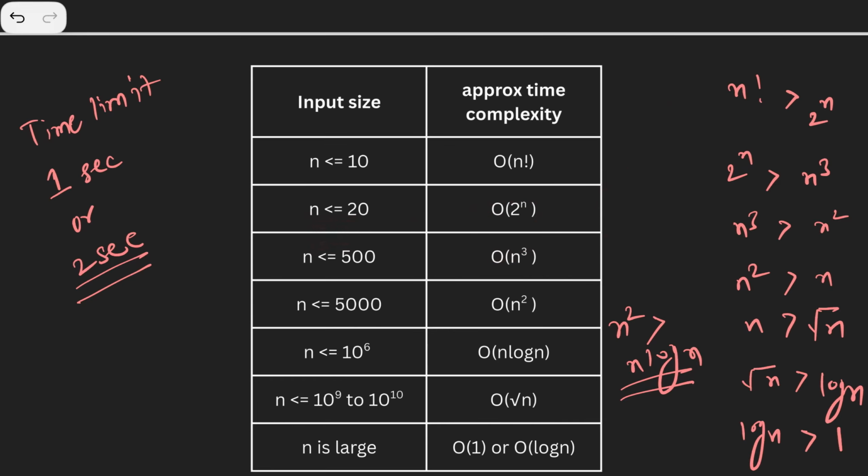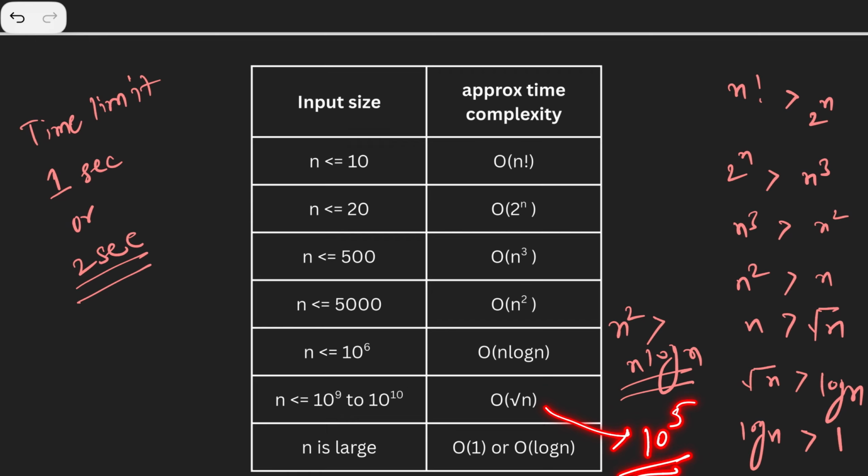For n less than or equal to 500, you can go for the cube. For 5k, you can go to n squared. If n is less than or equal to 10 to the power 6, then you can go for n log n. Now let's say it's 10 to the power 9 or 10 to the power 10, then you can go for root n because this value will be roughly around 10 to the power 5.